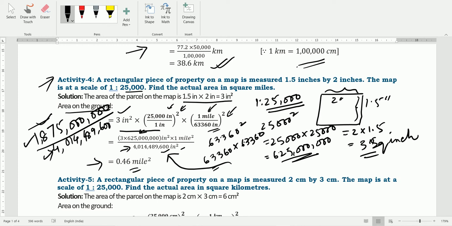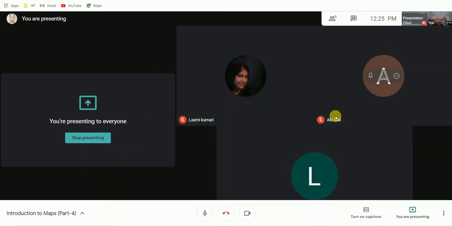Remember, the area on the map is 3 square inches, and the scale of the map is 1 is to 25,000. After converting this map area into ground area, we have got 0.46 square mile. Are you clear or not? Any question?